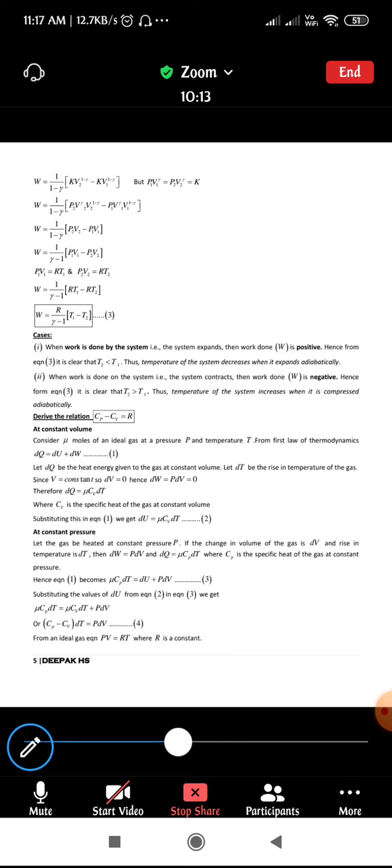Is it fine about the two cases? Okay, fine.